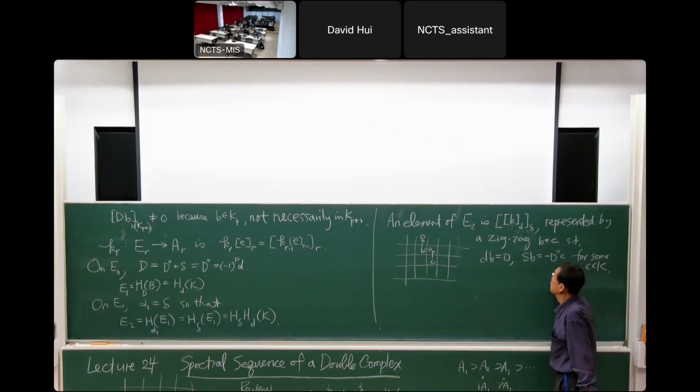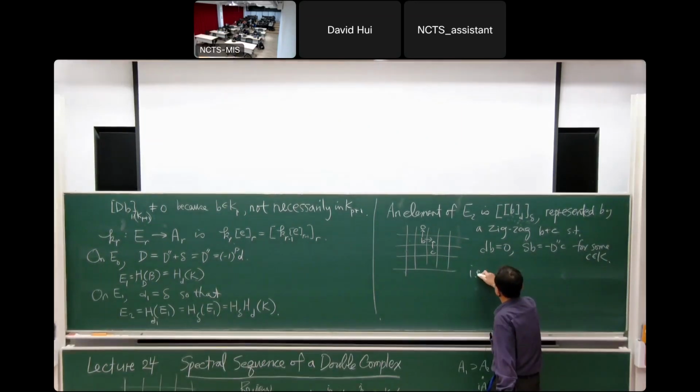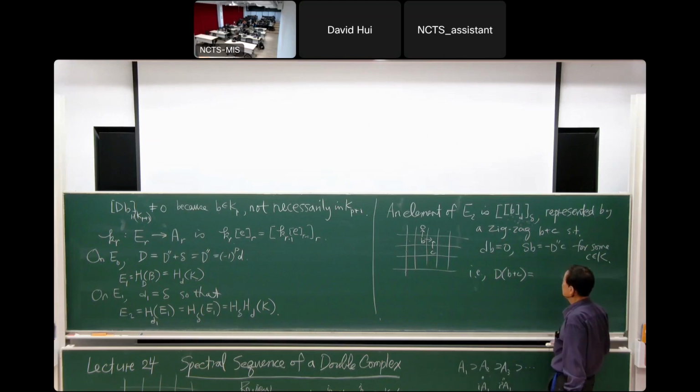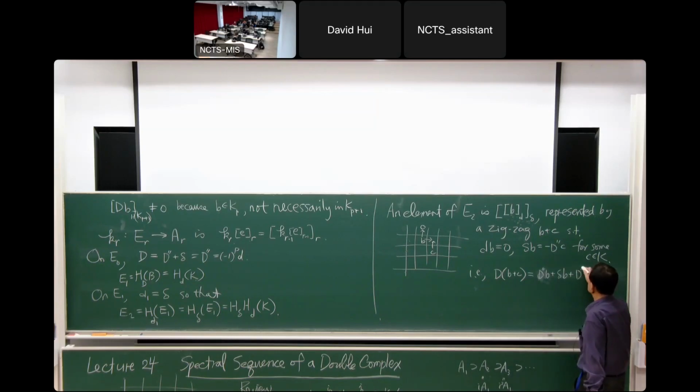This condition is the same as saying that big D of B plus C, which is dB plus D double prime B plus delta B plus D double prime C plus delta C. This is 0 because dB is 0.